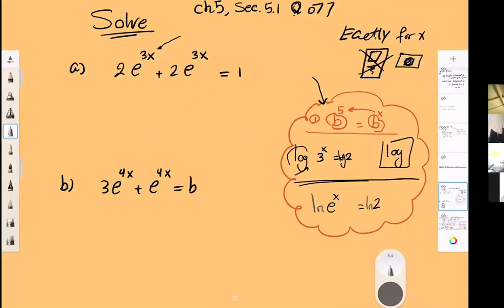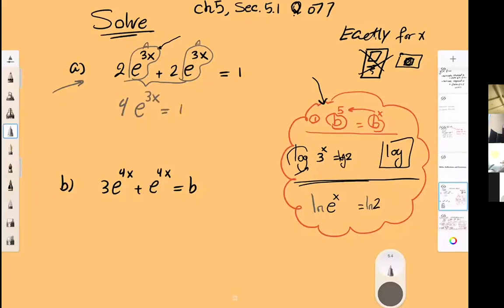So with this note, I'm gonna go to number 1. Before I solve for x, we need to combine them. We have e to the power of 3x, e to the power of 3x. That means we have a and a. So 2 of this, 2 of that, we get 4e^(3x) equals 1.